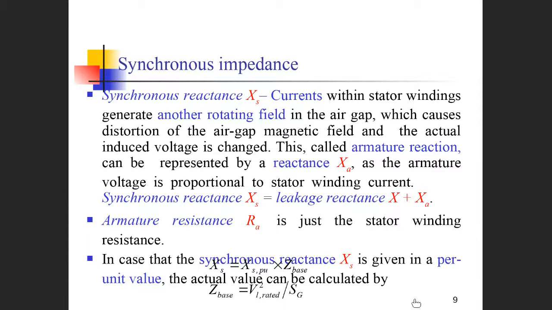Largely speaking, the synchronous reactance is similar to the self-reactance of the armatures. So that's why we say the synchronous reactance actually is the leakage reactance plus the armature reactance.